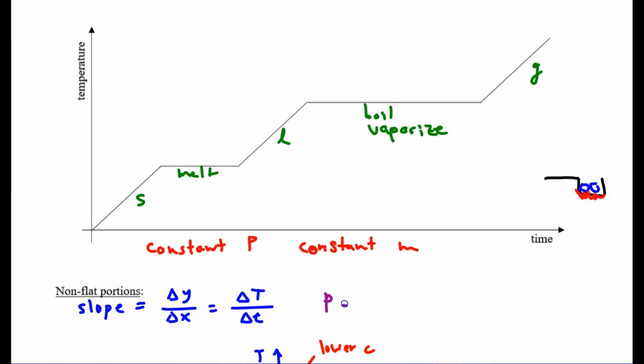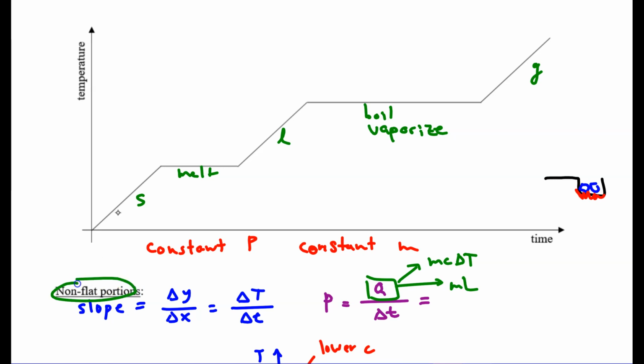The power equation above is heat over change in time. But of course, heat comes and has one of two effects. It can either increase the temperature, or it can change the phase. Which one is relevant here? The portion is not flat, so temperature is rising.